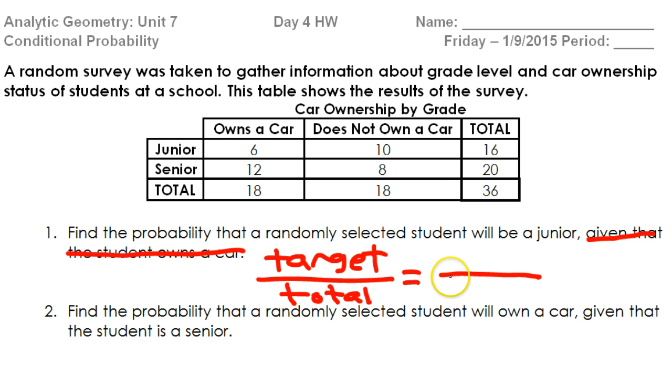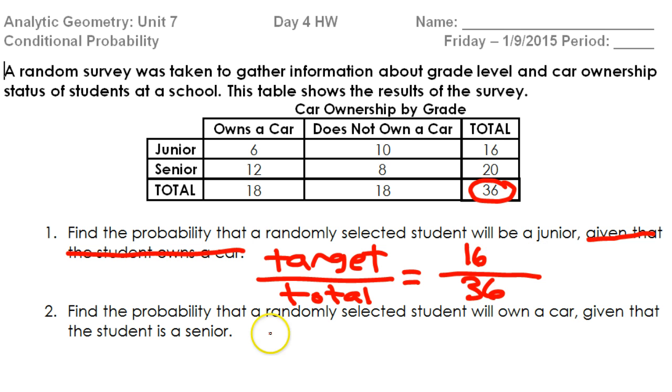So I need to know the total number of students in the survey. Luckily they helpfully gave me the total number right there. We had 16 juniors and 20 seniors. That's a total of 36 people. So target over total. What's the probability that we'll have a junior? Well, there are 16 juniors, so that would be 16 out of 36. That's the probability that the student will be a junior.